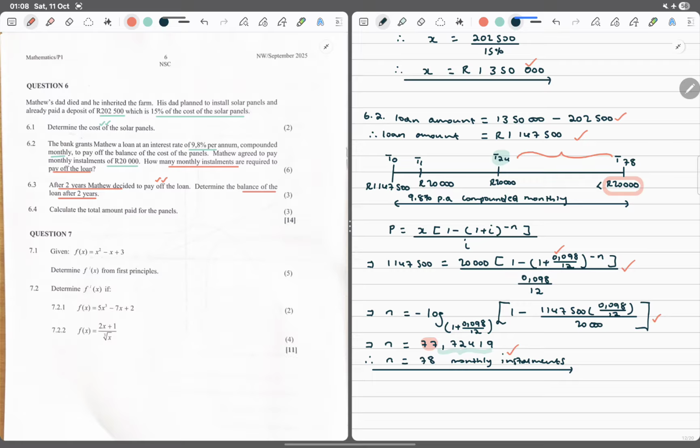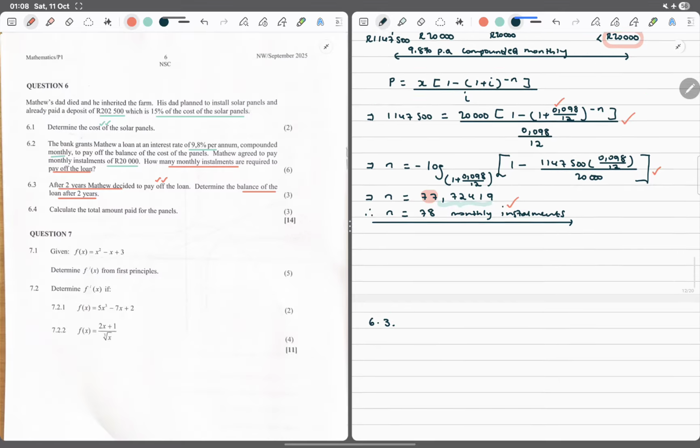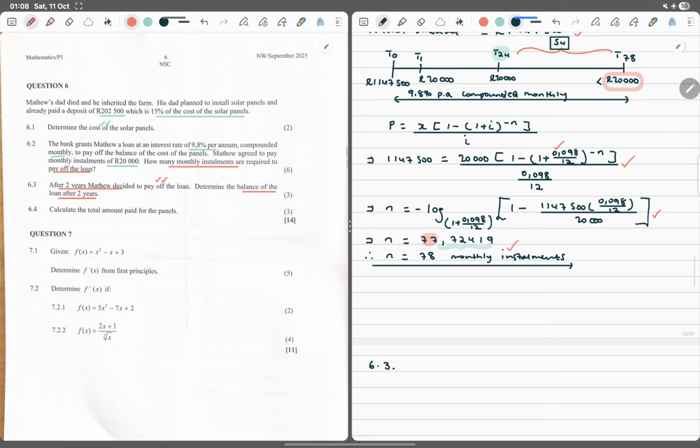So this is going to be 54. So there's 54 payments still needing to be paid. So this means Matthew, by paying off the loan after 2 years, he will avoid 54 payments that would have gone with interest. So he avoids a lot of interest in a way.